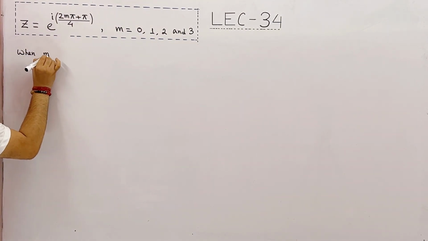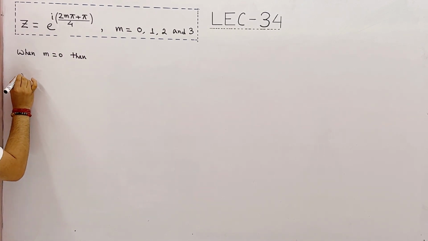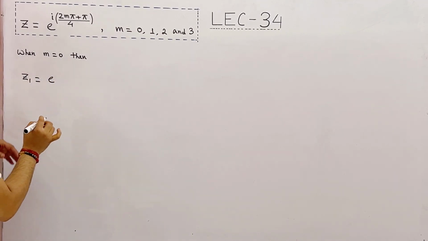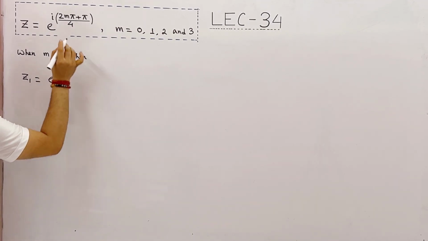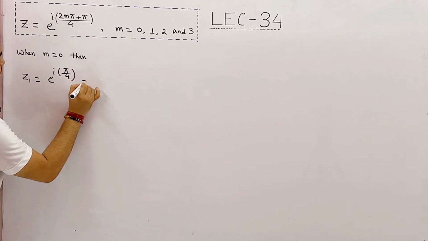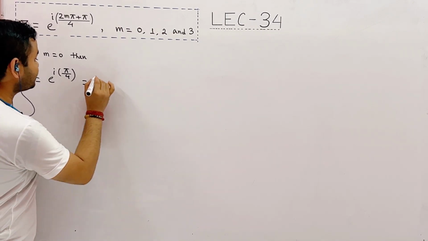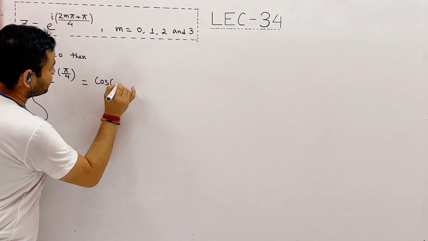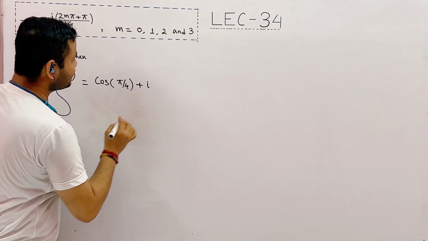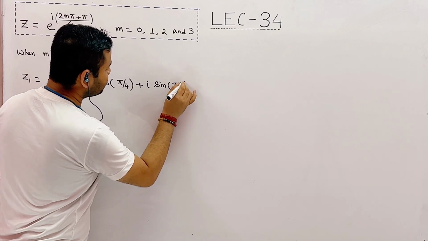When m equal to 0, then first pole z1 is given by e to the power iota into pi by 4. Next, apply de Moivre's theorem. So after applying de Moivre's theorem, we will get cos pi by 4 plus iota into sin pi by 4.